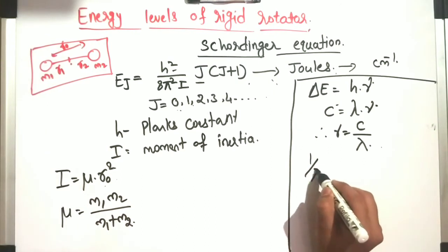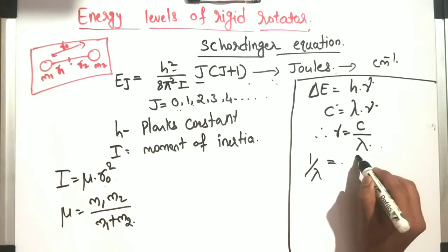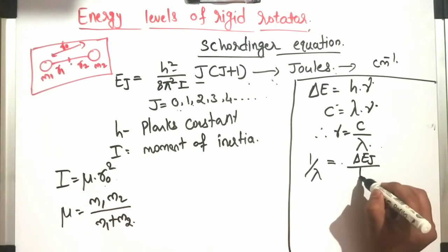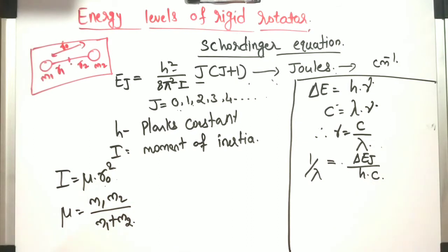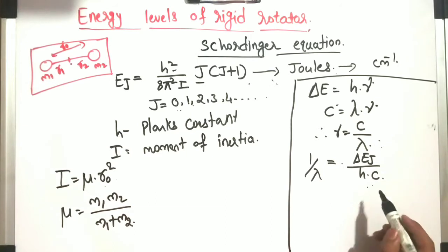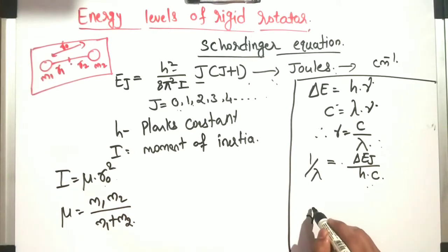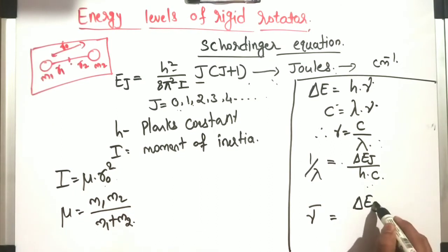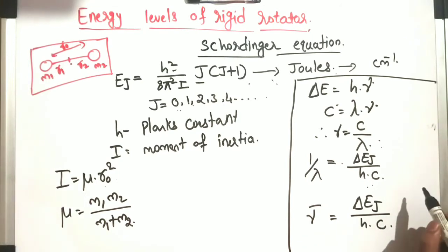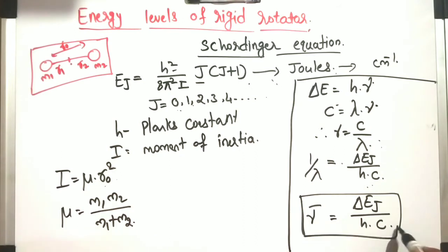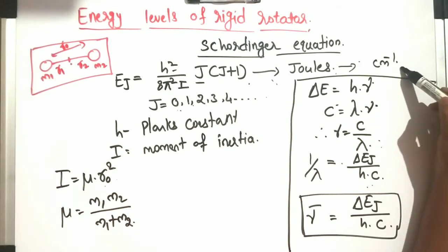1 by lambda equals delta E_J divided by h into c. You put this value here, and we get this equation. Next, nu bar equals delta E divided by h into c. This is the conversion factor to convert the Schrödinger equation from joules to centimeter inverse.